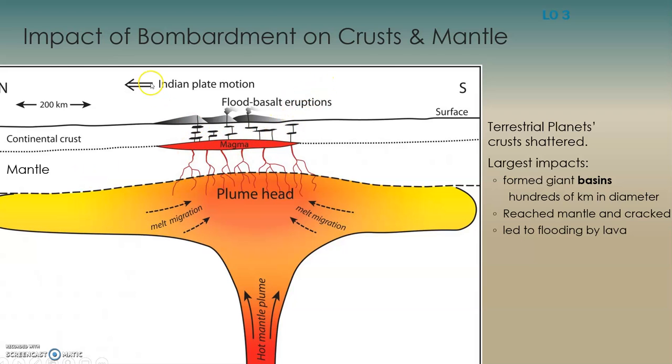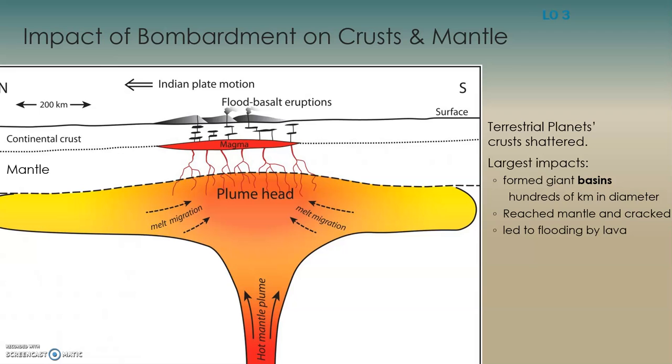Some of these craters went down to that level, unleashed this magma, which came up through the cracks in the crust and smoothed out the craters by giving a smooth layer of lava over the crater. As a result of that, we had large basins on some planets, particularly Venus and Earth, and in some cases Mars.